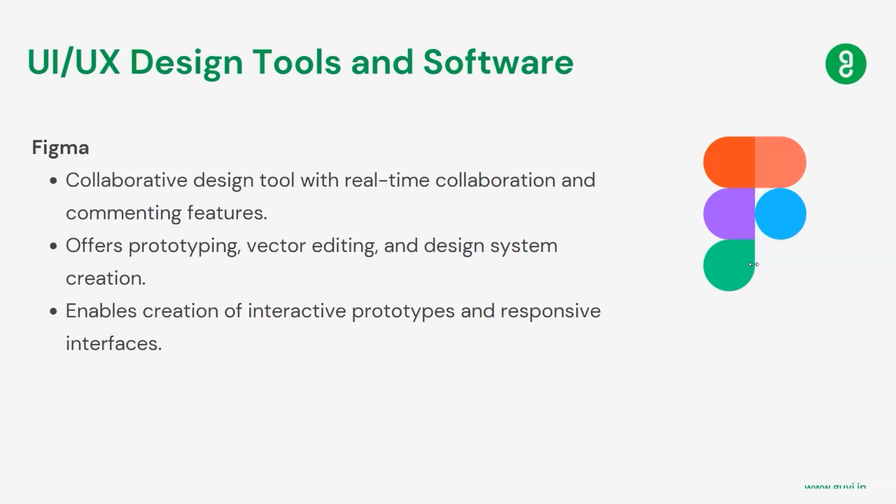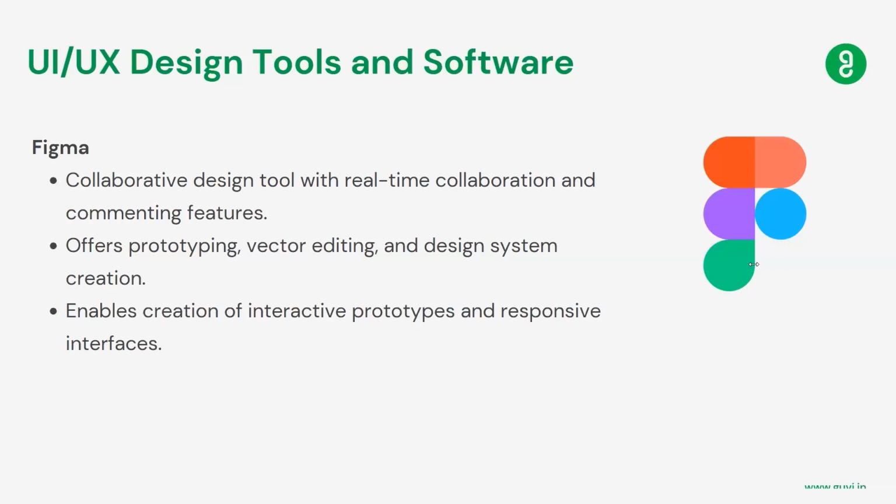We will delve into the purpose and benefits of each tool and showcase some examples. Figma is a collaborative design tool where you can design UI screens, and it allows multiple designers to work on a project simultaneously.